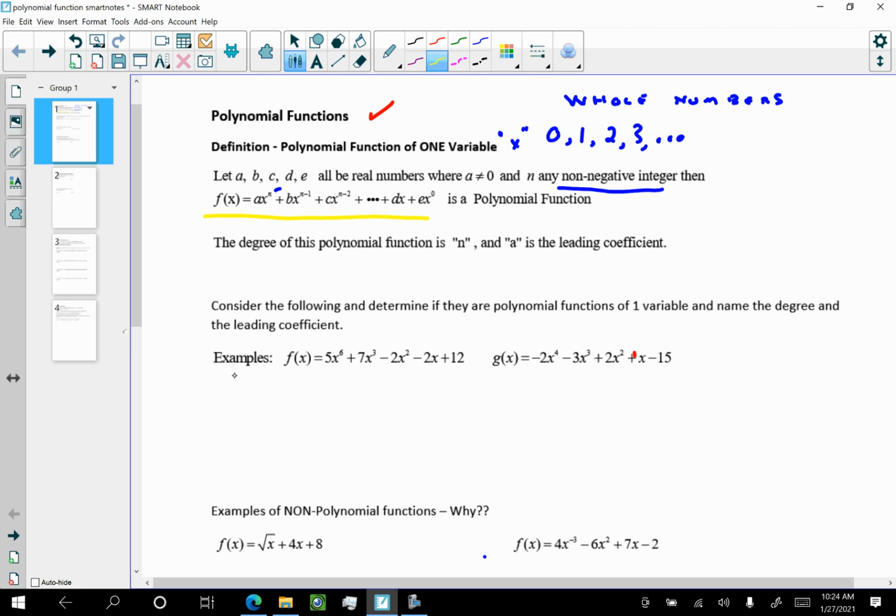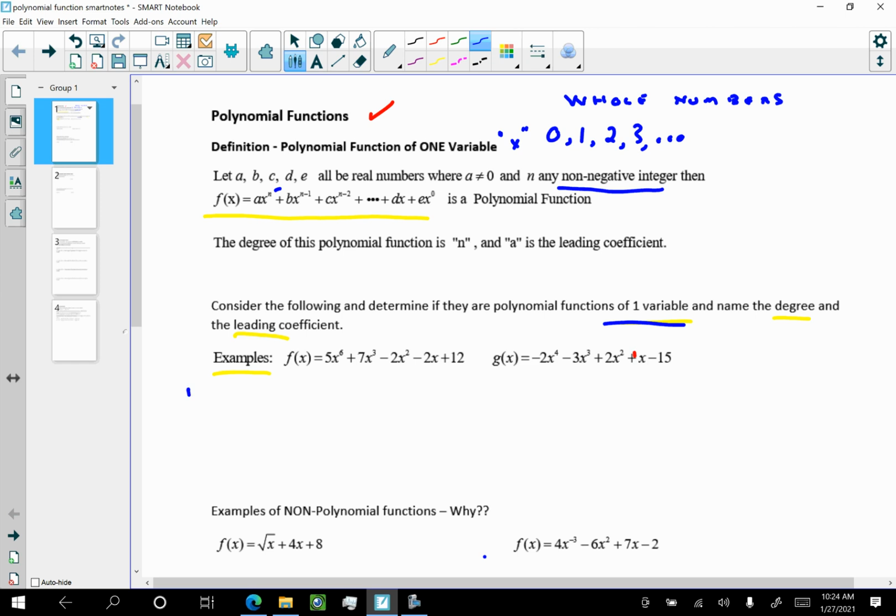And so here's an example of a polynomial function. I have f of x equals 5x to the 6th plus 7x cubed. Well, what happened to the x to the 5th? The coefficients of the x to the 5th and x to the 4th were 0. So all I really want to know is the degree, the leading coefficient, and is it a function of one variable? Well, I only see x's, so yes, it is a function of only one variable.